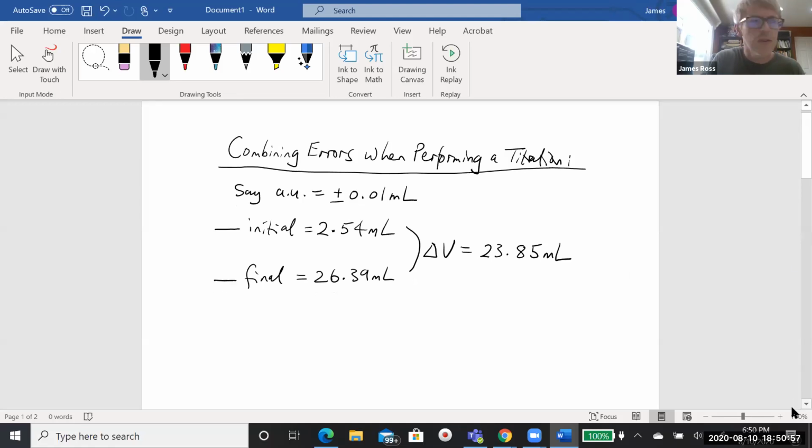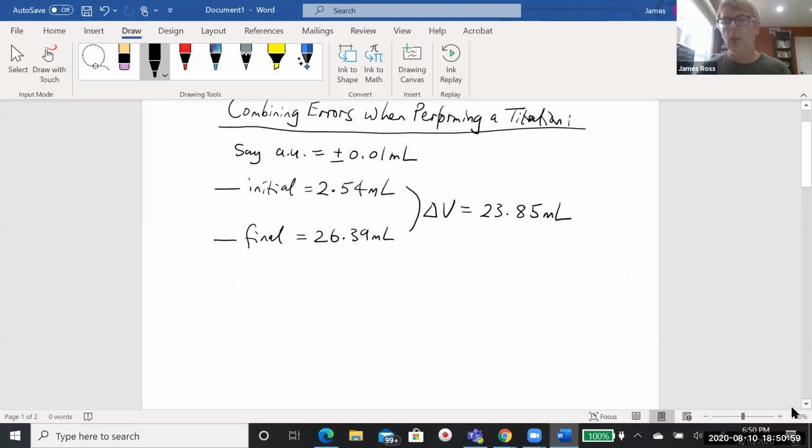Okay, so we've done all that. Everything looks great. What about the uncertainty? How confident are we in the measurements? Well, uncertainty occurs not just in the change in volume, but it occurs in the initial measurement and the final measurement. So uncertainty occurs with both the initial and final measurements.